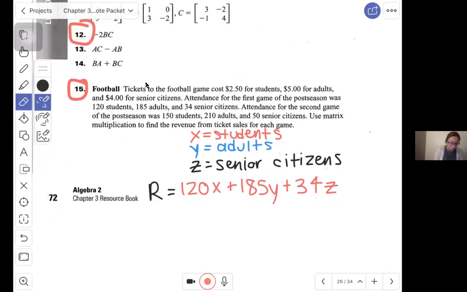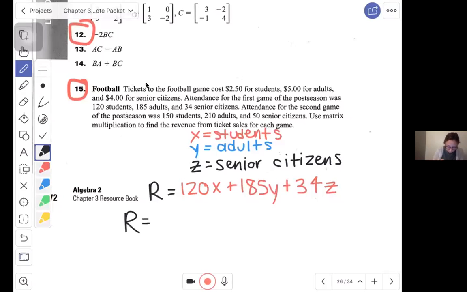So Jaden, what would an equation look like for the second game? You would have 150x plus 210y plus 50z. Good. So here we are lining up our attendance with the cost of that ticket for that individual.